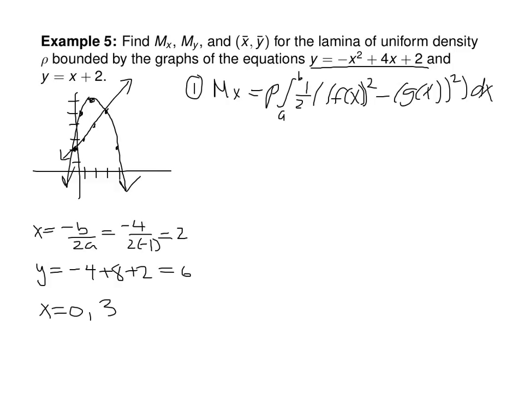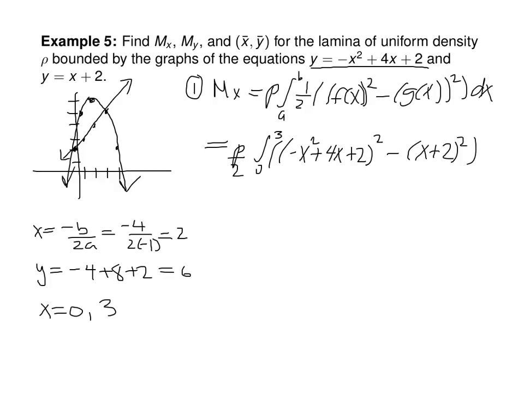So in this case we have rho times the integral from 0 to 3. Let's just say rho over 2. The f of x is my upper curve, which is negative x squared plus 4x plus 2 quantity squared minus x plus 2 squared dx.